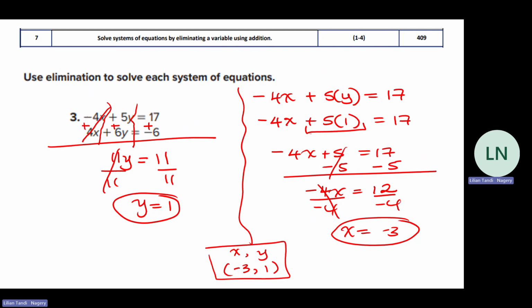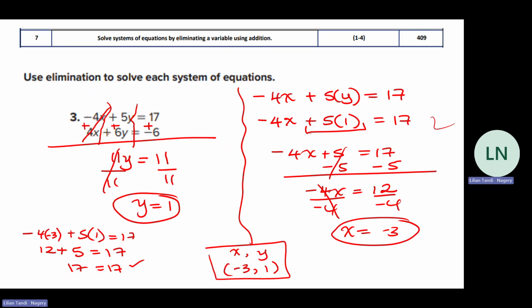And I can check. What is negative 4 times negative 3 plus 5 times 1 is 17. This is 12. Okay, this is 12 plus 5 equals 17. This is 17 equals 17. So that's my first check.